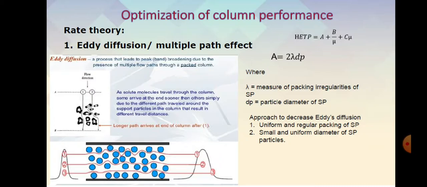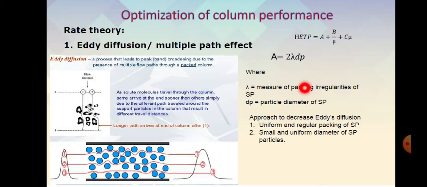So first is A, eddies diffusion, also called the multiple path effect. We know that when we load the sample and the mobile phase, the mobile phase along with the sample will try to find a path, because it has to pass through the column, and the column is a packed column, so it has void space in between the solid stationary phase. If the column packing is not uniform, not regular, what will happen?